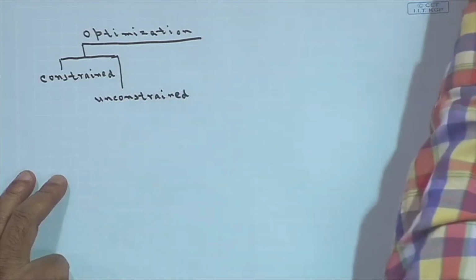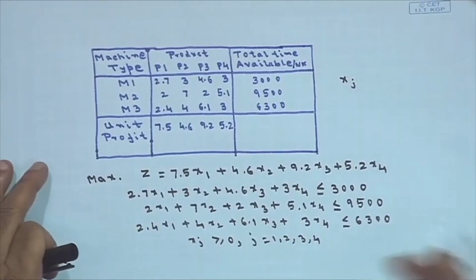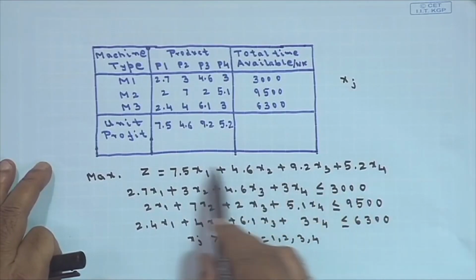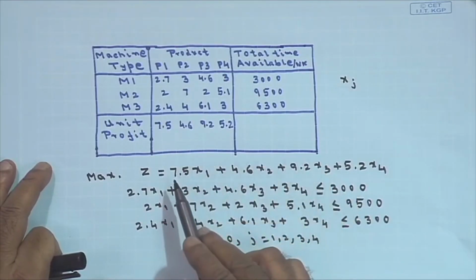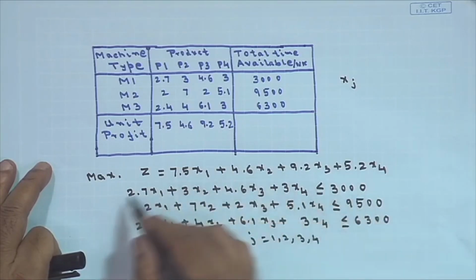The meaning of constrained and unconstrained optimization: unconstrained means you have only the objective function and you want to find the optimum value of this objective function without using constraints.